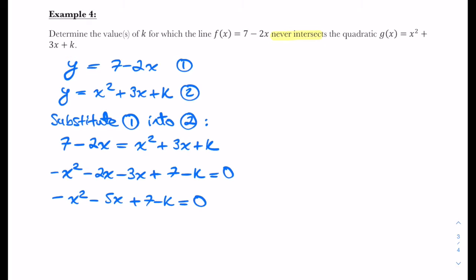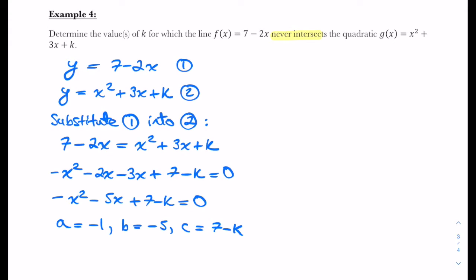And the following represents now our quadratic equation of the linear quadratic system. Here we have an a value of -1, a b value of -5, and a c value of 7 minus k, because those are the two terms left over without any x's.